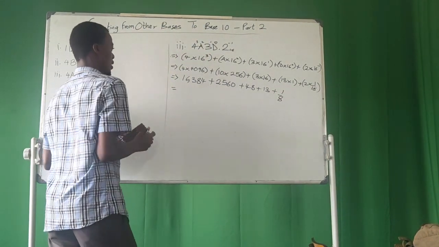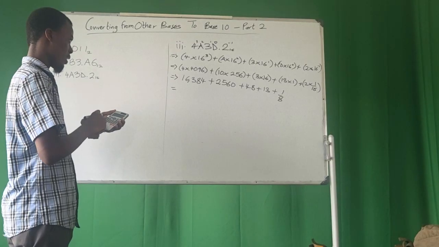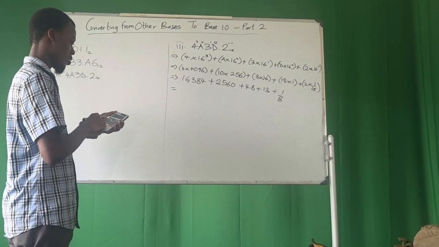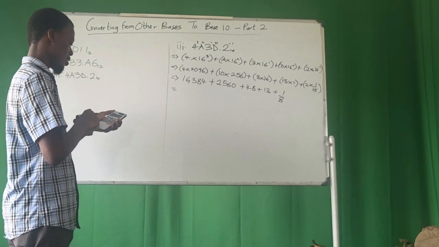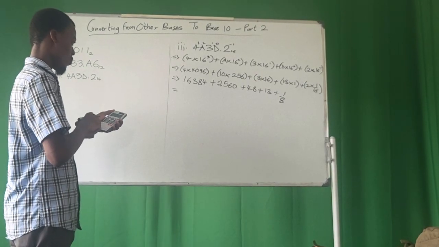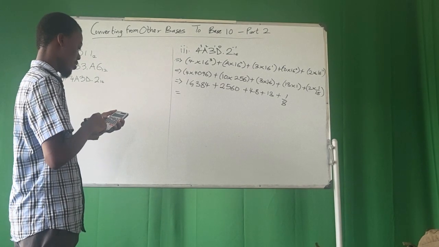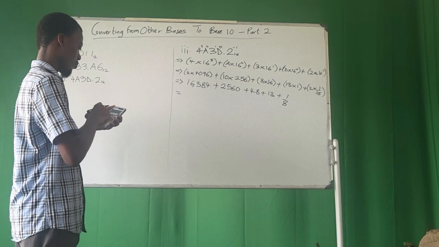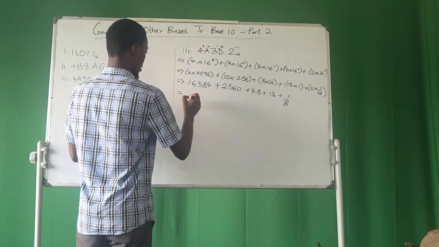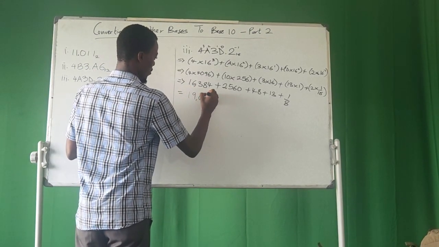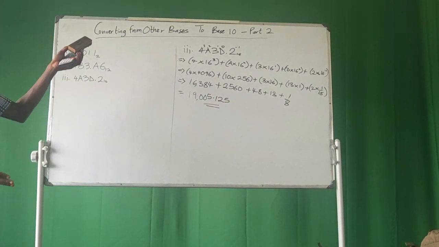Now, if you add all of them together, 16,384 plus 2,560 plus 48 plus 13 plus 1 over 8 is equal to 19,005.125.